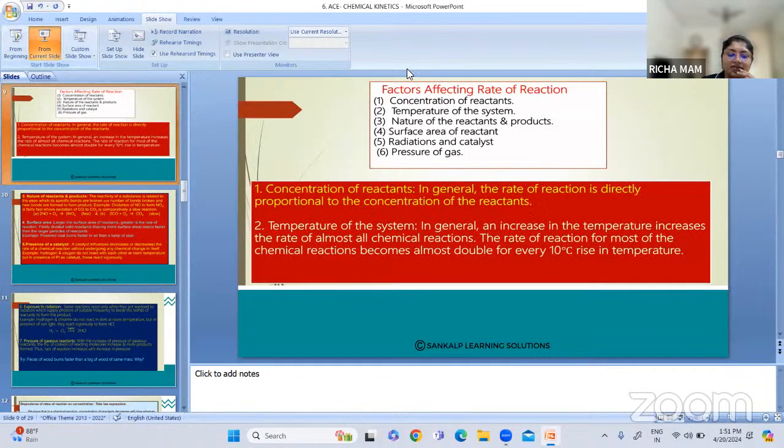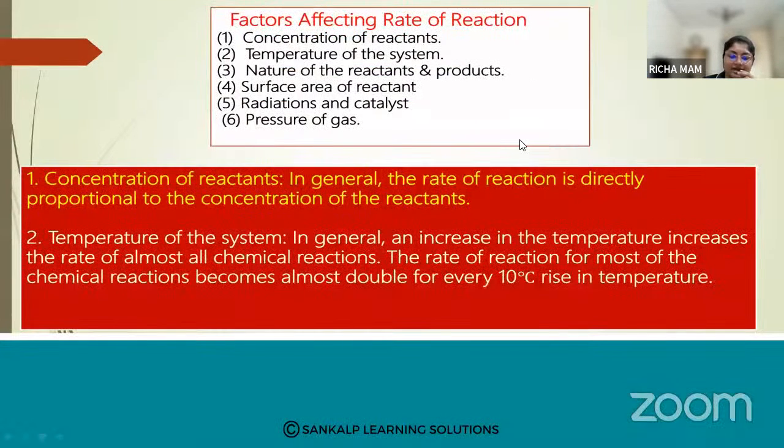So what are the factors that are affecting the rate of reaction? For your syllabus, what are the important factors? We'll study that much only. Rate of reaction depends upon the concentration of reactant.